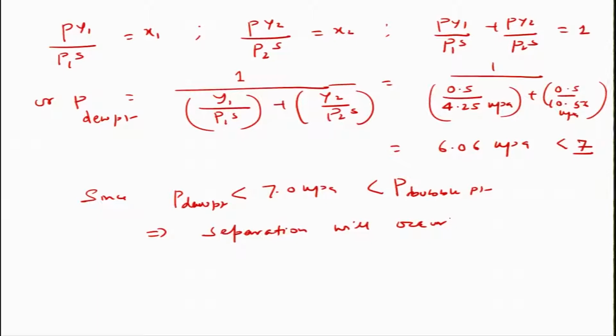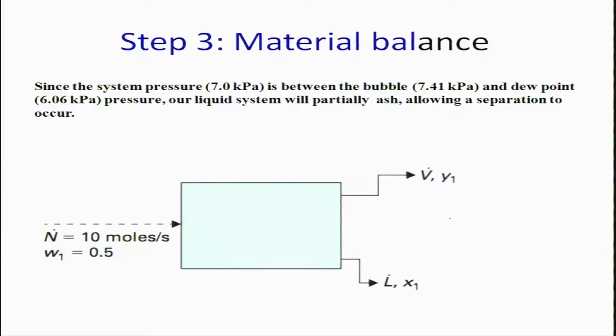Now, the next question is how to get the composition. So, once we have formulated this, the next thing is to do a material balance, all right. So, you can write down the equation of material balance, right. Now, you have all the information. So, let me just write down. This is here N dot is equal to V dot plus L dot, right, and then you can do individual component balances.